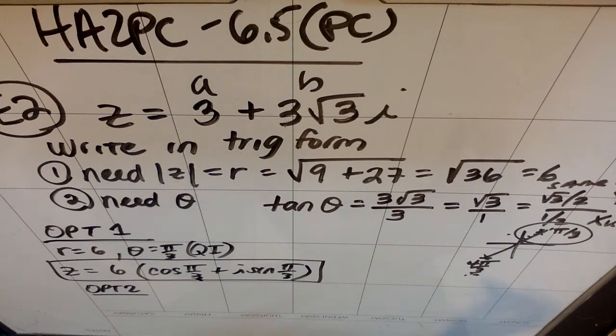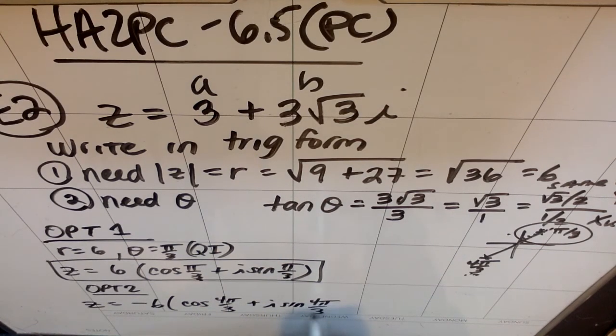If I faced 4 pi over 3, instead of walking in the correct direction, I'd need to walk backwards. So another way you could see this written is to use the opposite of r, saying walk backwards, and you could see it as cosine of 4 pi over 3 plus i sine of 4 pi over 3. Now, I wouldn't suggest it. This is also okay, but it's going out of your way when you don't have to. So this is by far the better answer.